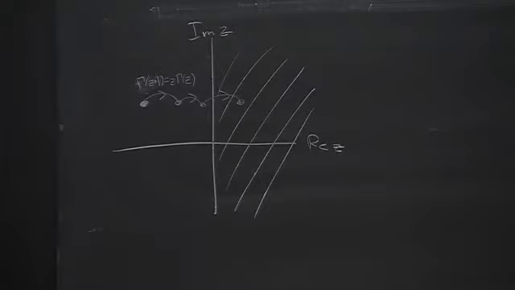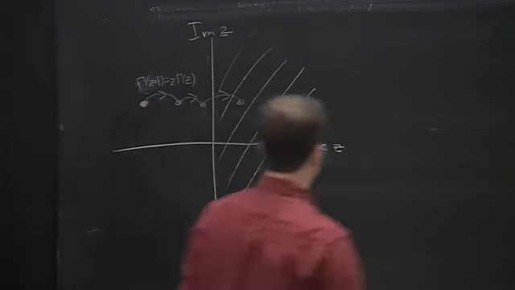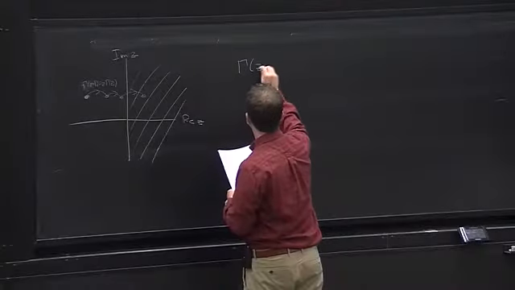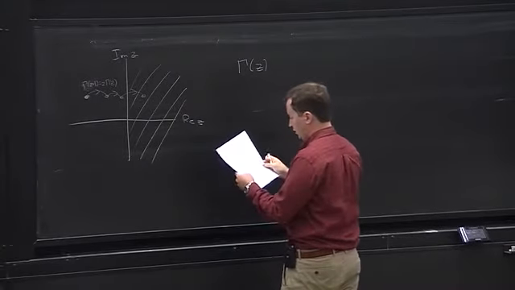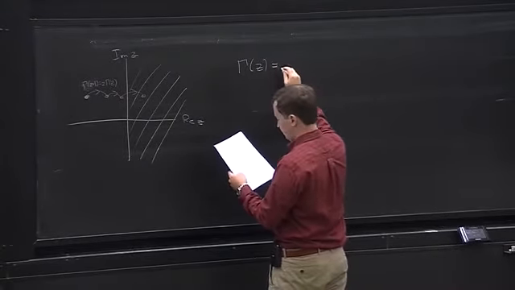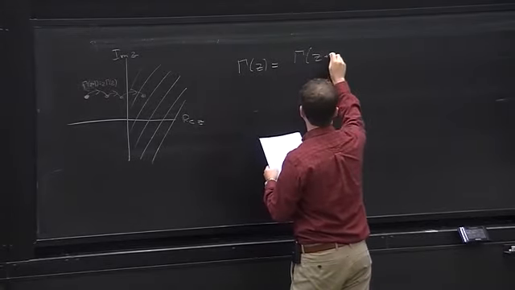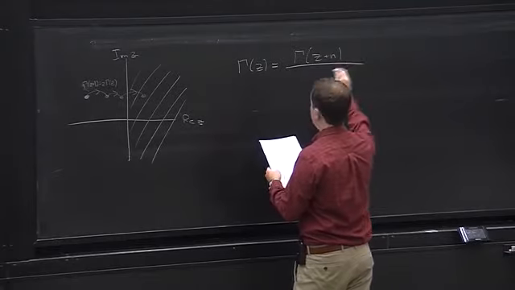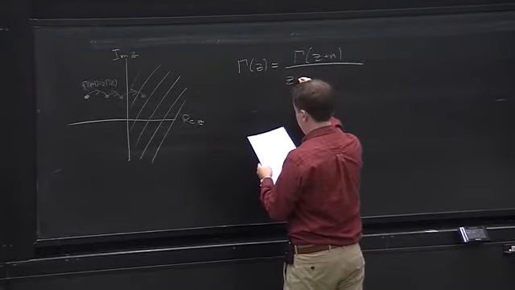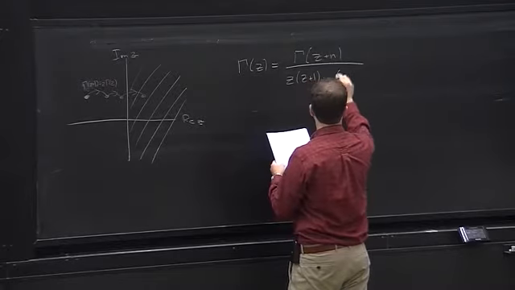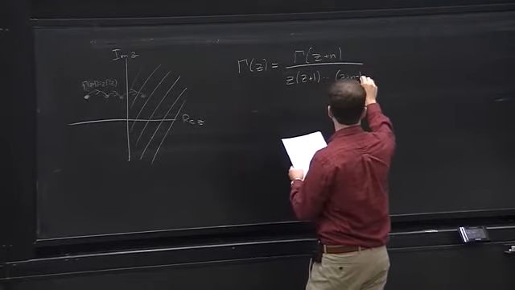And in equations, what this picture is trying to say is that gamma of z can be defined to be gamma of z plus n over z times (z plus 1) up to (z plus n minus 1).